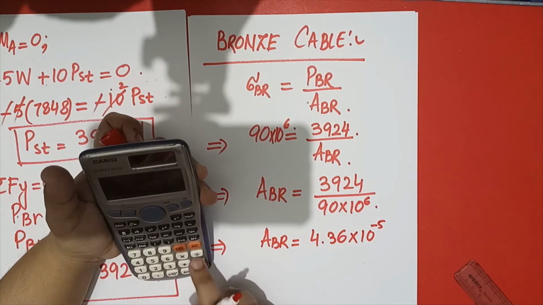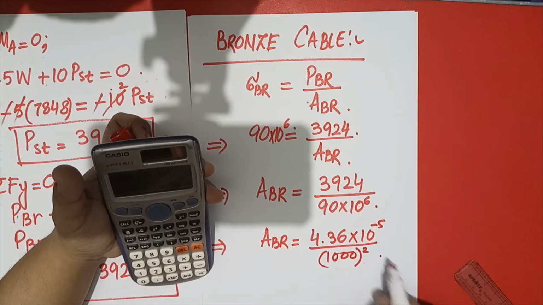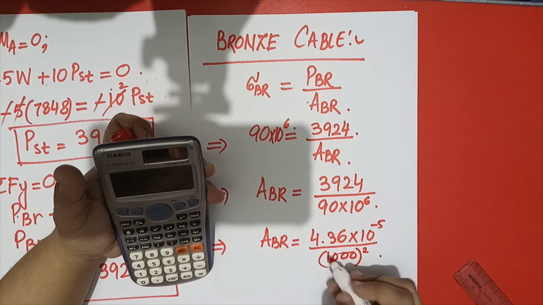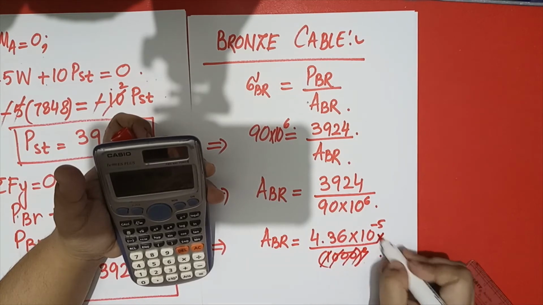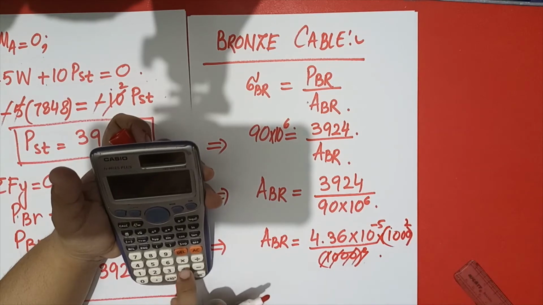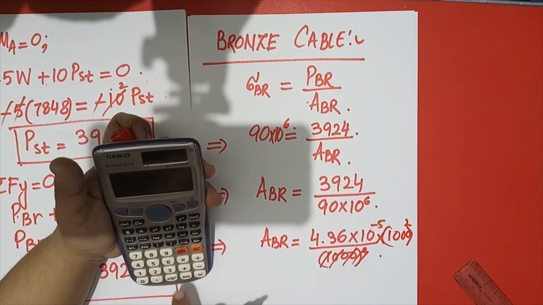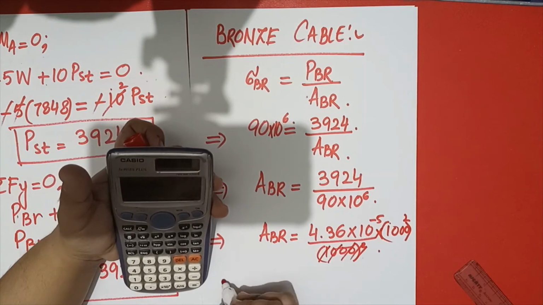So what we have to do, we will multiply it by 1000 square. So the answer will become 43.6.